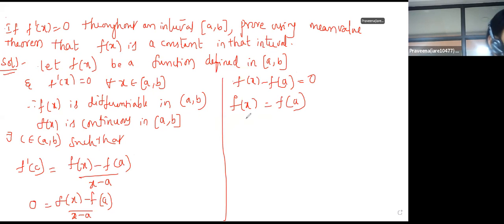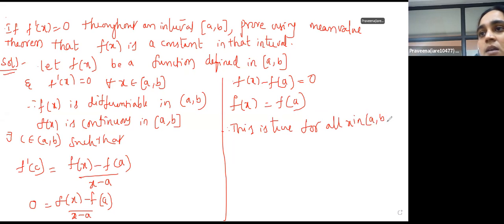One constant. Therefore this is true for all x in a comma b. Therefore f of x is a constant. This is the answer. No doubt.